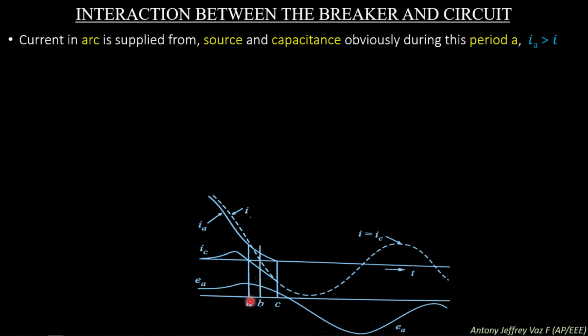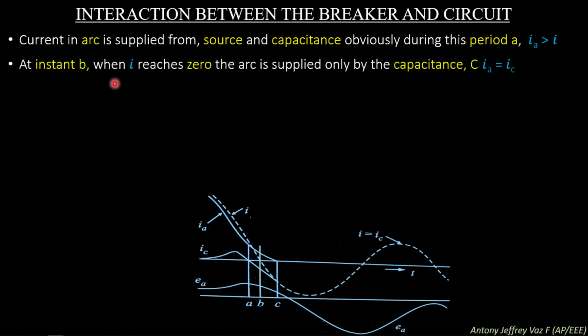So at this point A you can see these two currents are equal, but in practical cases the current in the arc will be greater than the current which is generated, because of the short circuit fault which has occurred in the transmission line or in the power system.